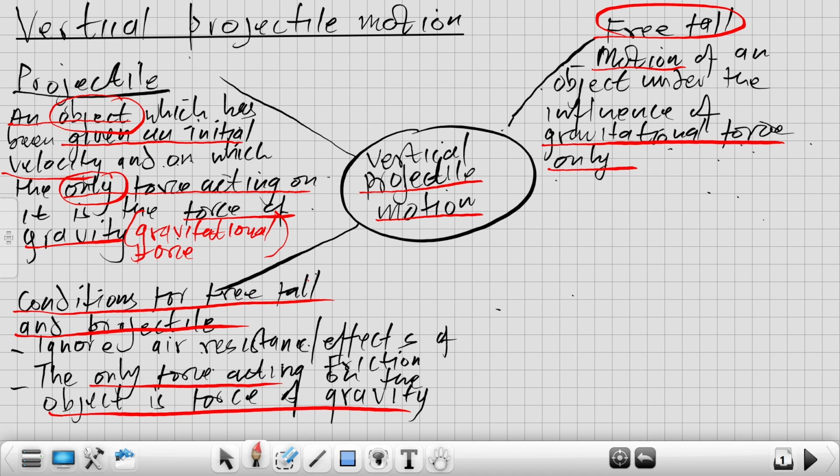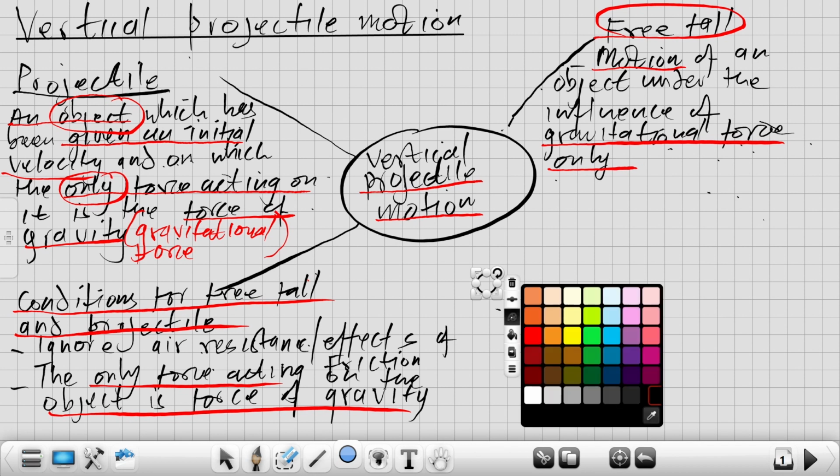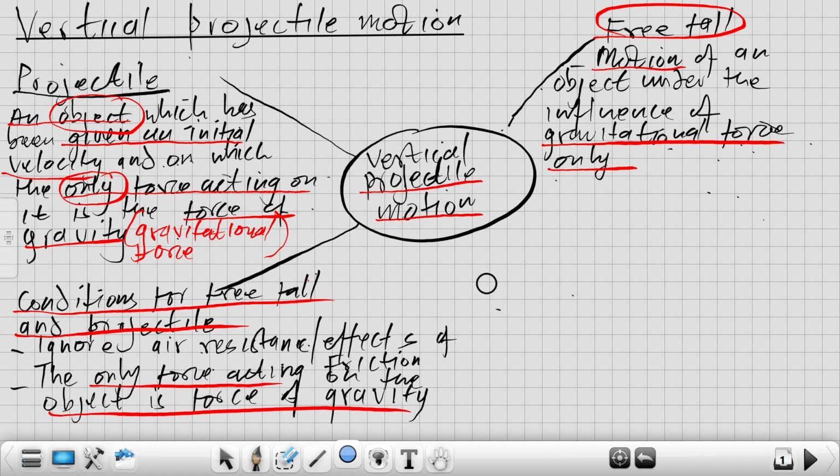So whether my object is going up or down, I should be able to draw a free body diagram for this particular object. I should be able to say this will only experience one force, which is the force of gravity.